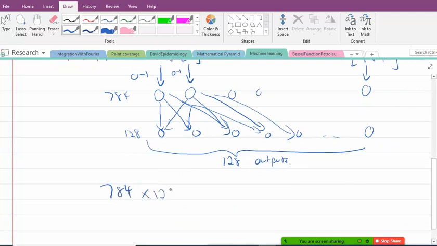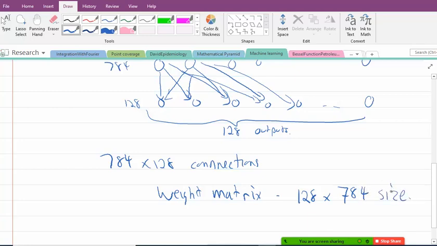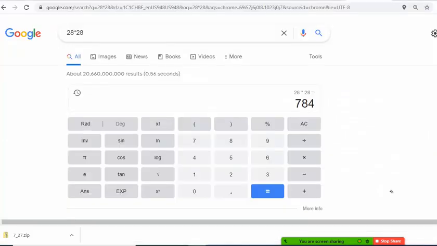Because there are 128 outputs and 784 inputs, my weight matrix would be a 128 by 784 matrix. All of these numbers need to be trained by your neural network. All right, so let's see what's next.